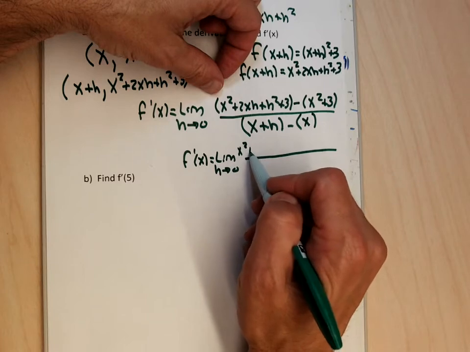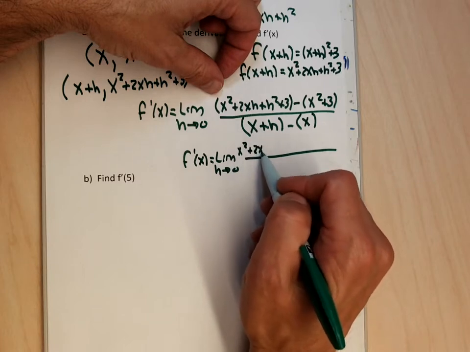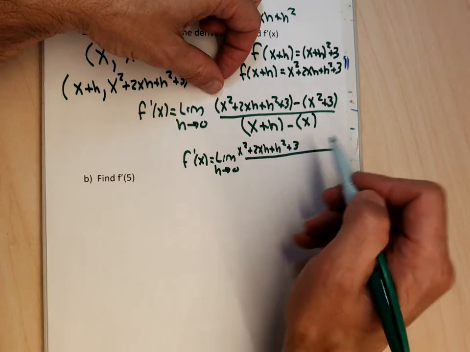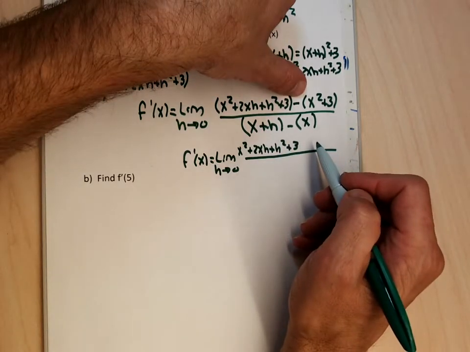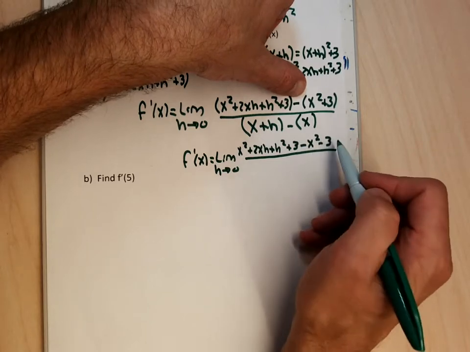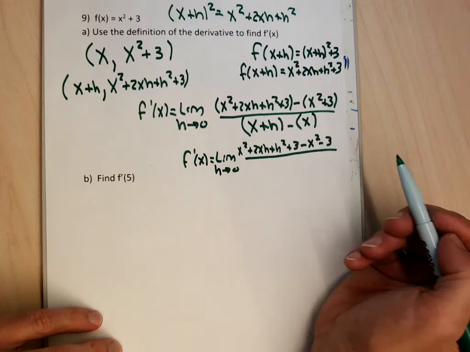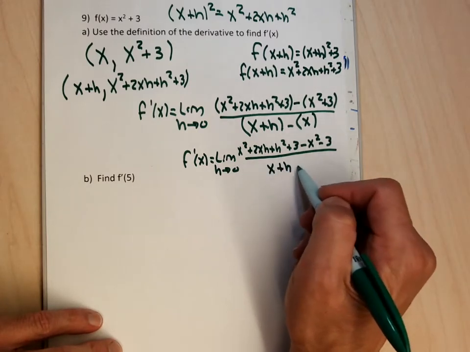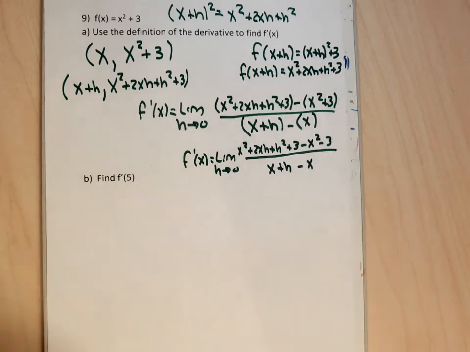I'm going to write x squared plus 2xh plus h squared plus 3. In the second parentheses, when I drop it, it's going to turn into a minus x squared and a minus 3, because the minus impacts both the x squared and the 3. And in the denominator, I'm just going to drop both the parentheses, leaving the minus sign in front of the x. Now I'm going to cancel a bit.